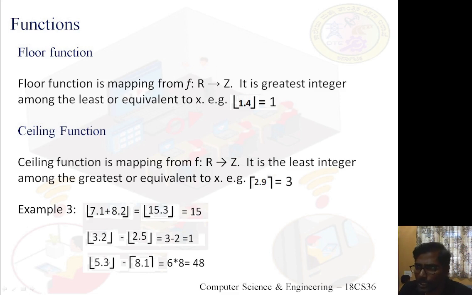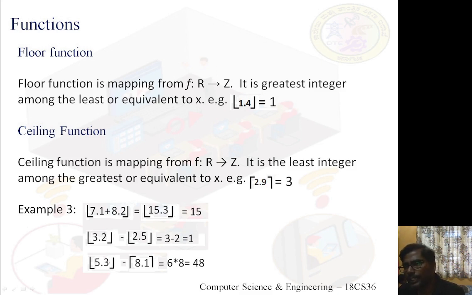So you list all integers less than or equal to 1.4. When you list, the first is 1, then 0, minus 1, minus 2, minus 3, and so on.